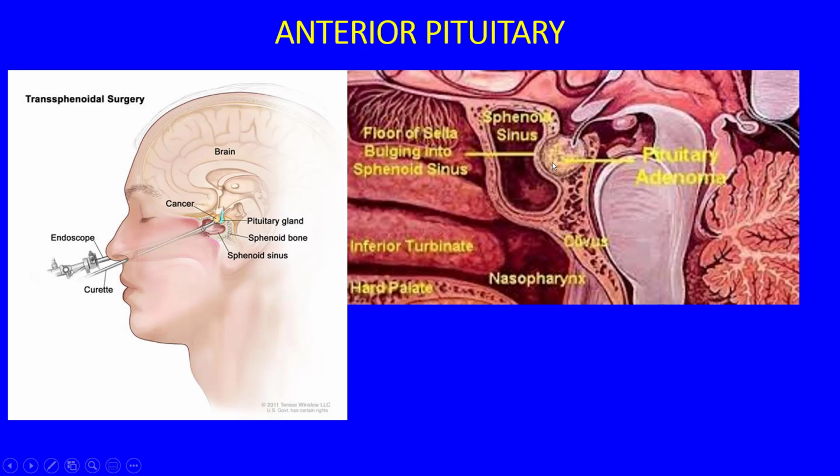I wouldn't say it's easy, but there are experts who know how to handle this, and it's been done fairly frequently. This is the best way to do it, because really you're going underneath the brain to go at this pituitary adenoma.